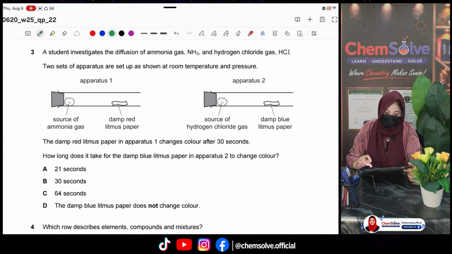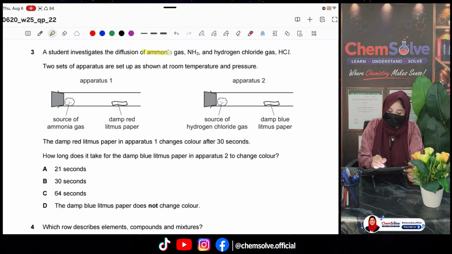Let's move to question number 3. A student investigates the diffusion of ammonia gas, NH3, and hydrogen chloride gas, that is HCl. Two apparatuses are set up as shown at room temperature and pressure. We are provided with a source of ammonia gas and a damp red litmus paper has been placed here.